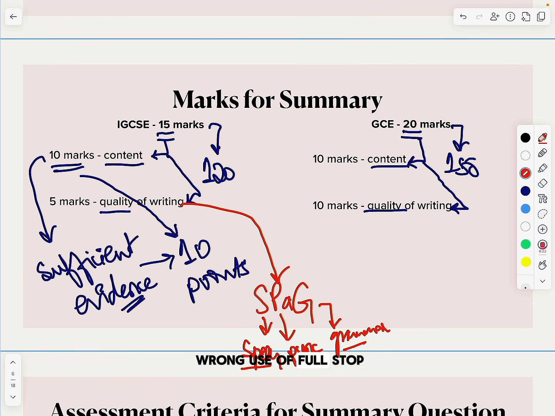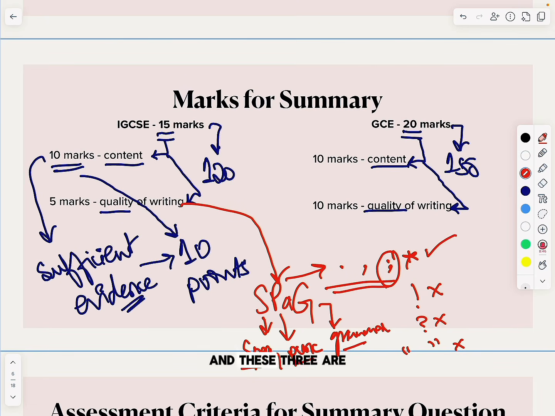Punctuation means, again, wrong use of a full stop, wrong use of a comma, or correct use of a semicolon, which, by the way, examiners really like. Exclamation marks, question marks, and quotation marks are things we generally avoid in summaries. So these 3 are usually what we are avoiding.